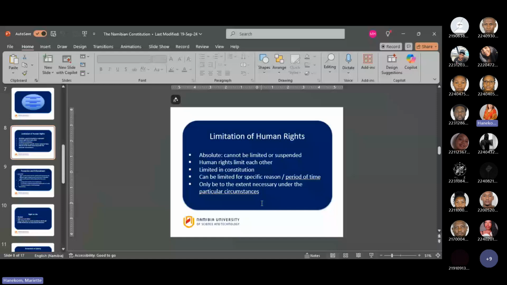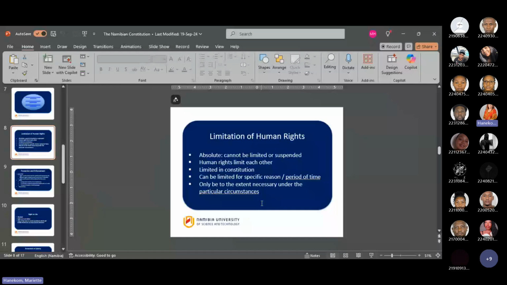Being arrested deprives you of your right to freedom, your right to liberty. But that is okay. It is allowed because the Constitution itself limits the right to liberty when it says nobody may be deprived of their liberty unless under lawful circumstances. So a lawful arrest deprives you of your right to liberty, but it's fine.